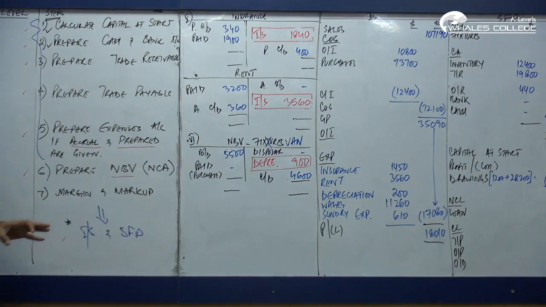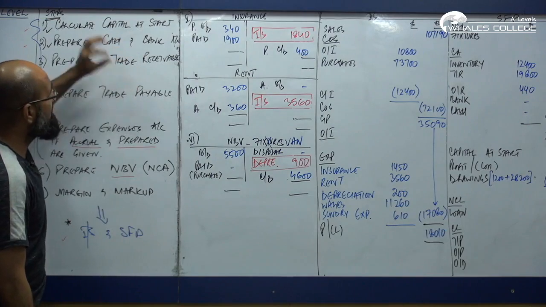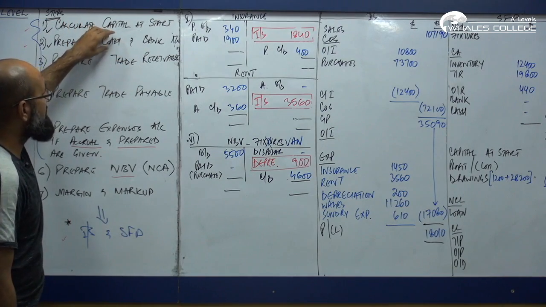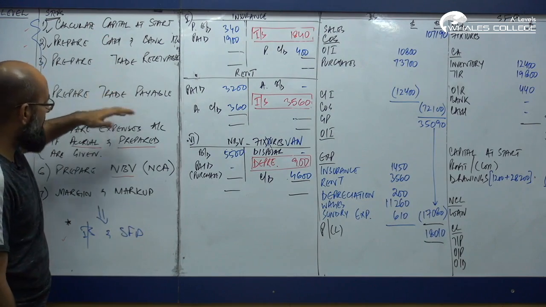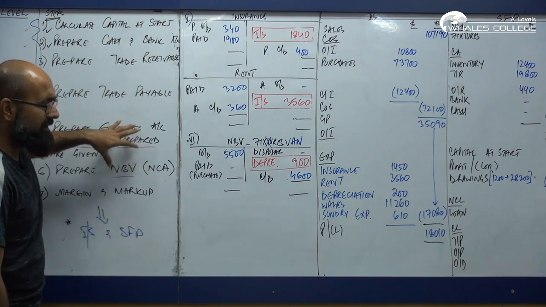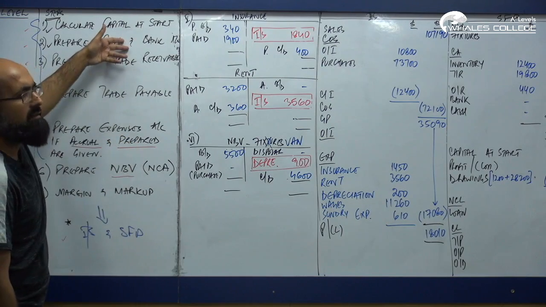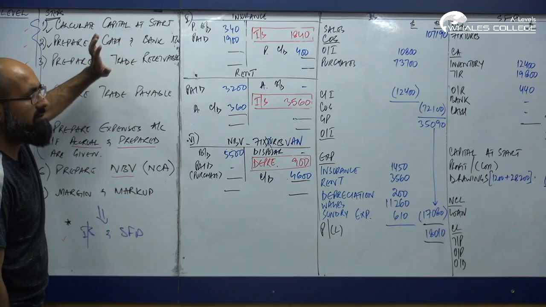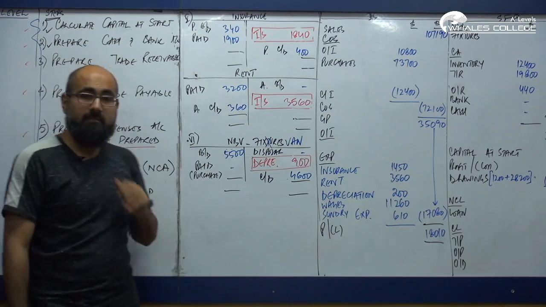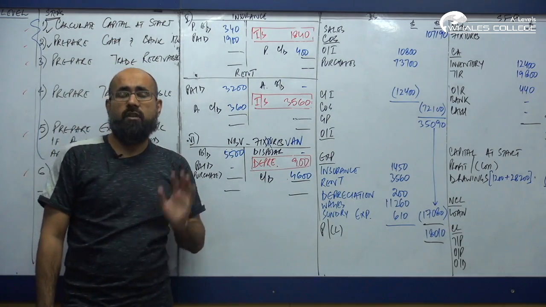Sometimes it happens, when you are following step by step, you may not get a missing figure from the cash. Okay, leave it. Move forward. Trade receivable, trade payable, maybe some other working will help you get the relevant figure for the previous step. Anyhow, all of you, try your best.